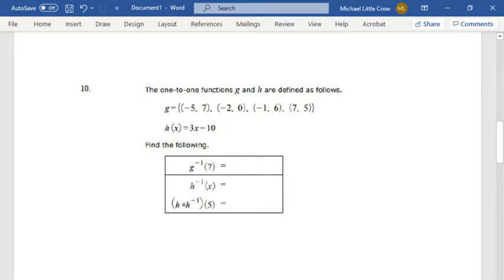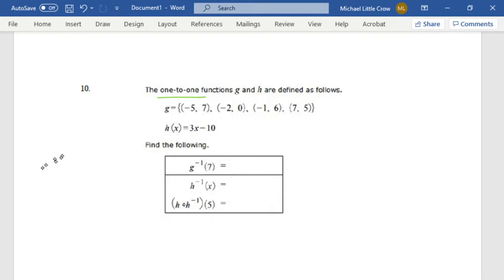because it's very similar. The one-to-one functions g and h are defined as follows. So we're told that these are one-to-one functions, and then we're asked to find the following: the inverse of g. Now the fact that it is a one-to-one function means it will have an inverse, or that the inverse will also be a function. So in this case, since we're given g as a collection of points, the inverse is sort of backwards.